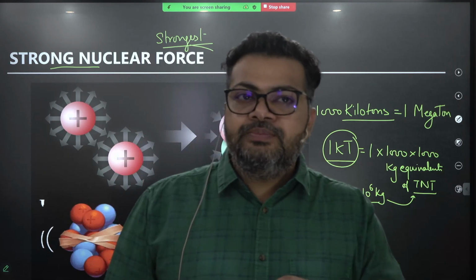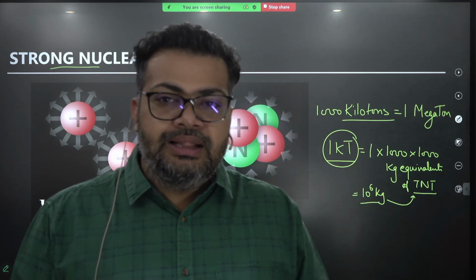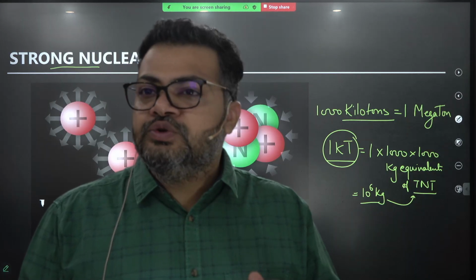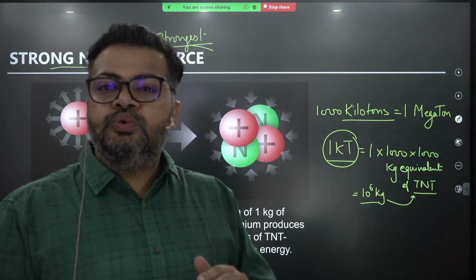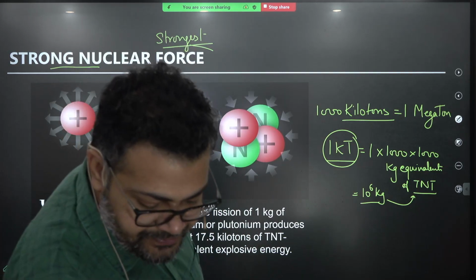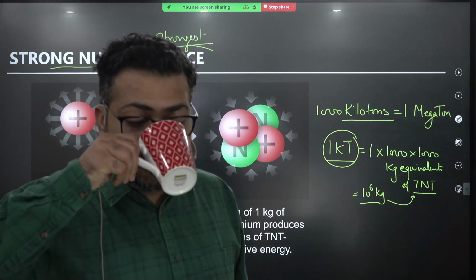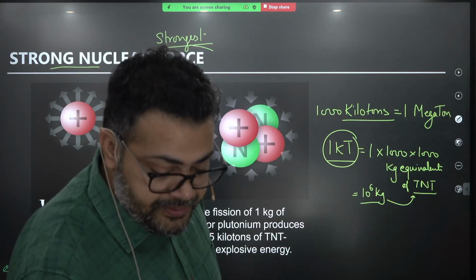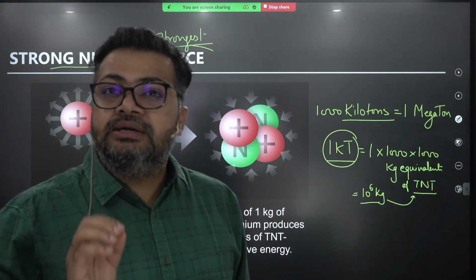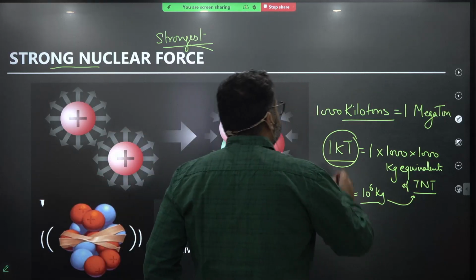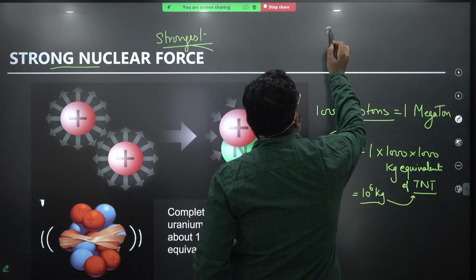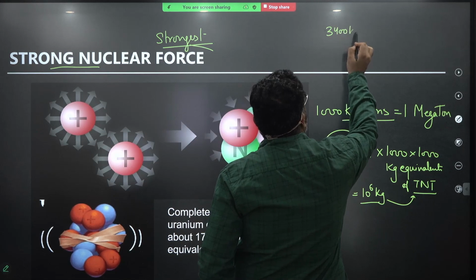And now guys, let me share a fact with you. Like I said, it is the strongest force in nature. You will be surprised to know that when the Russians conducted their last nuclear test, they released energy up to 3400 kilotons.